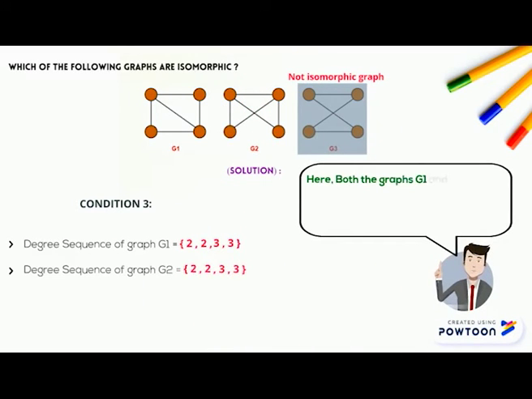Here, both the graphs G1 and G2 have the same degree sequences, so condition 3 is satisfied.